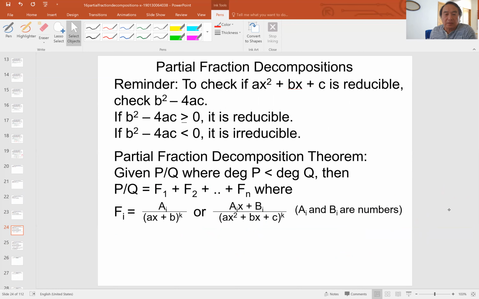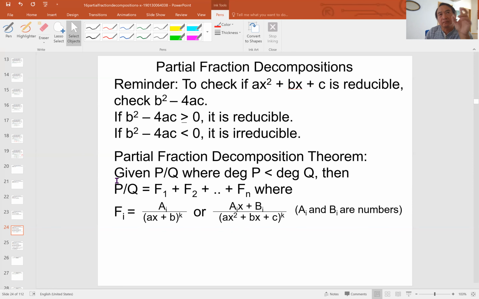Here's partial fraction decomposition. Suppose I have a fraction with the degree on the bottom bigger, and then I can break up these fractions into little pieces. The little pieces consist of two types.